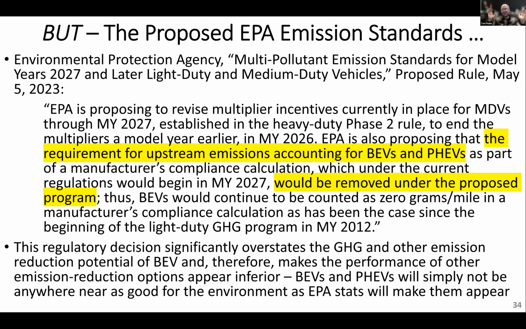This is just wrong. It is stupid, and it will lead to some very, very bad decisions that will cost us a lot of money and will not produce the greenhouse gas emissions reductions that are being promised.